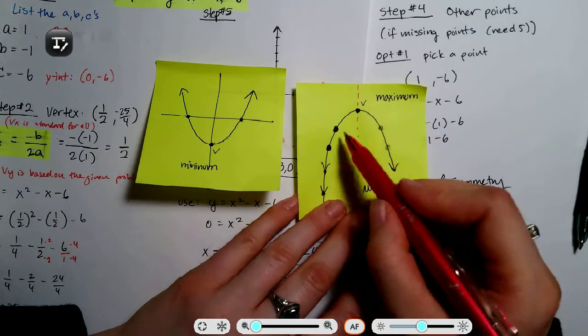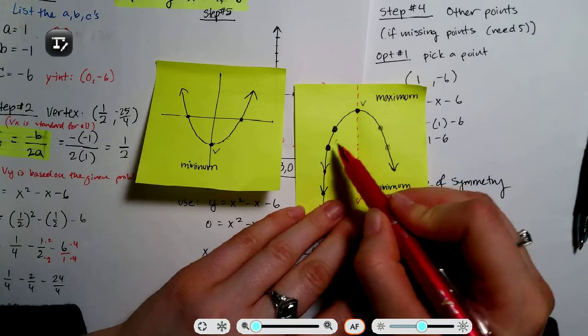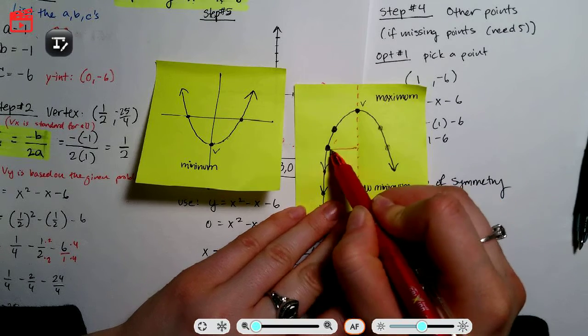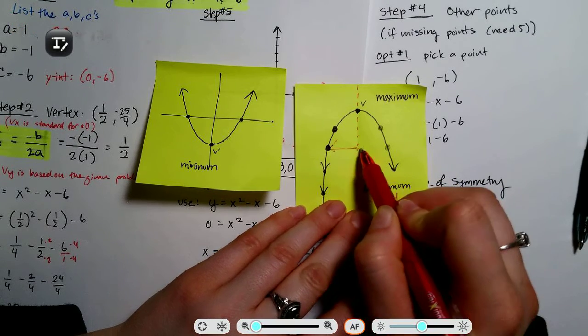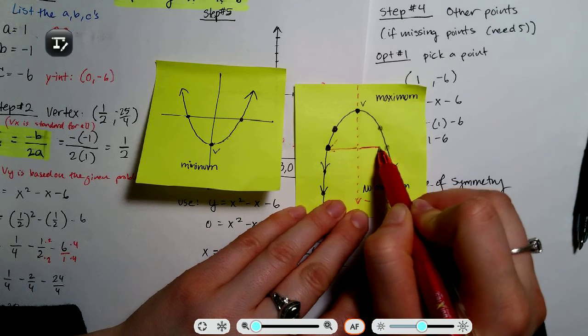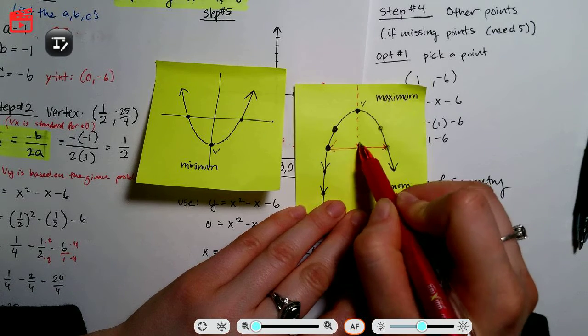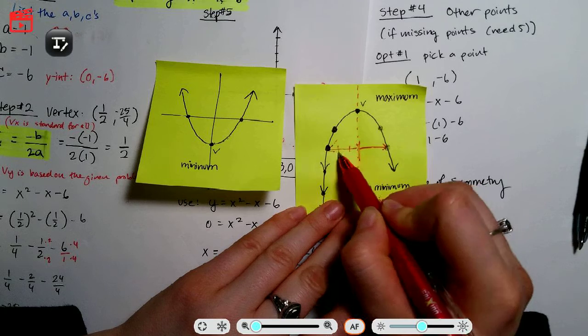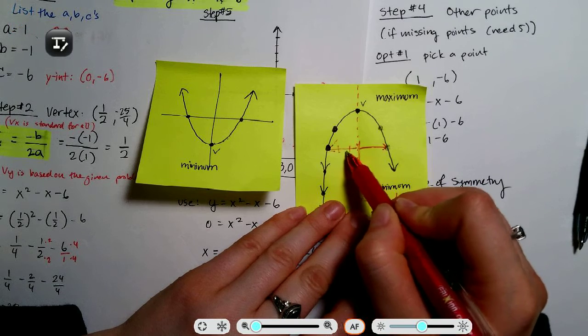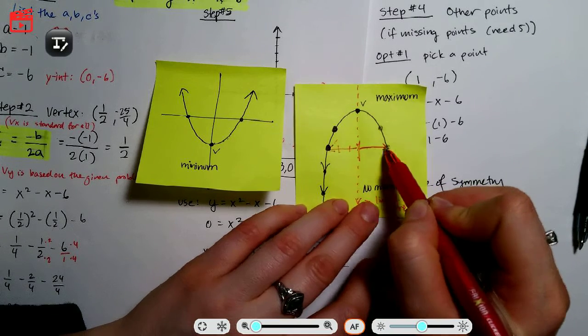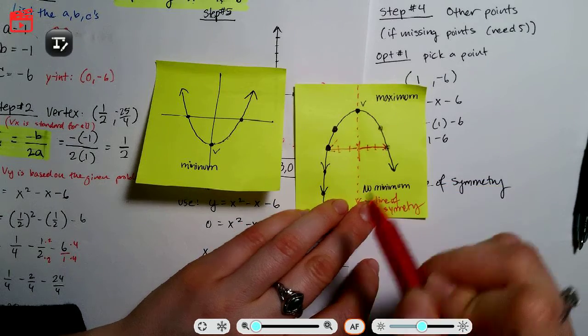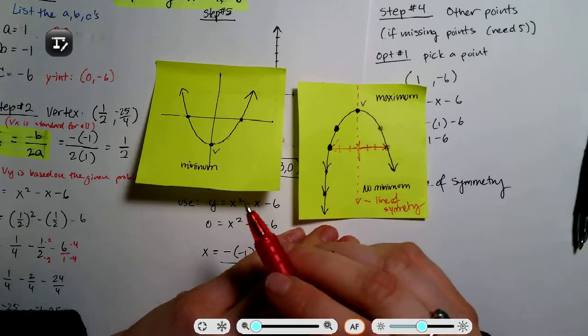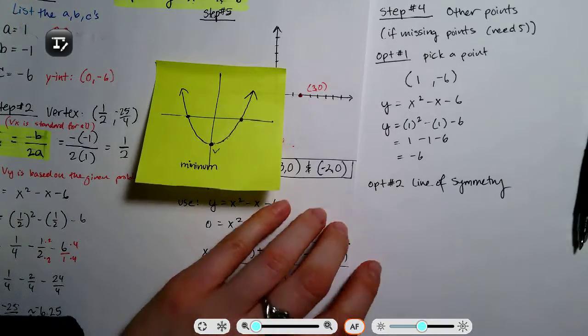Which means, if I have a point on this side that is some distance away, there exists a point on the other side that is the exact same distance from this line. So if this was 3 units that way, this point must also be 3 units in the other direction. That's what the line of symmetry is useful for.